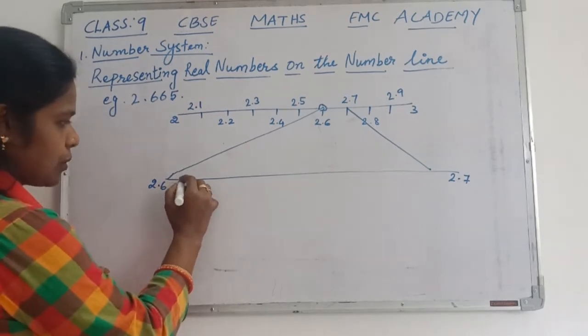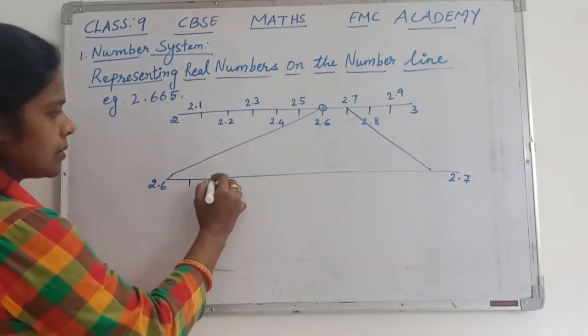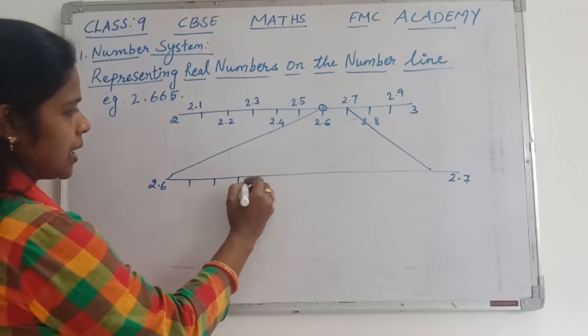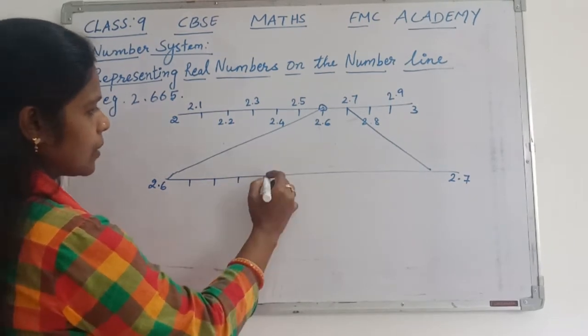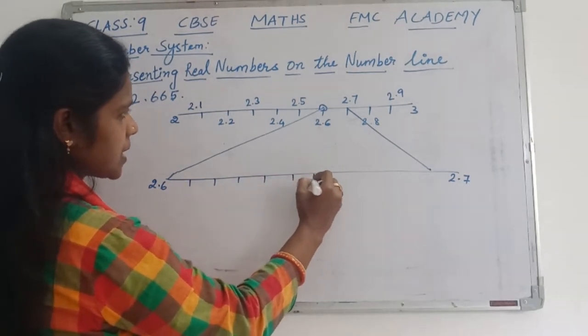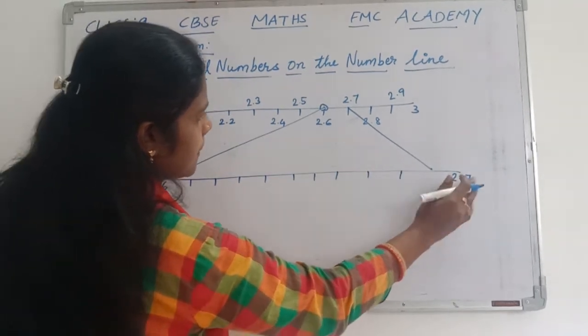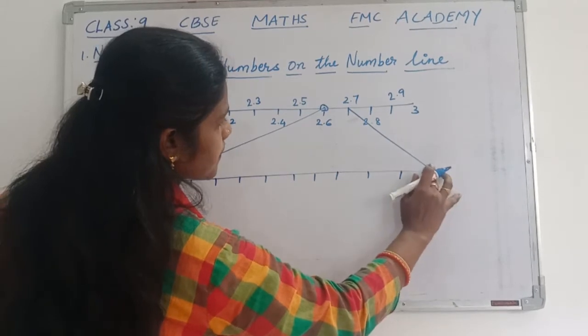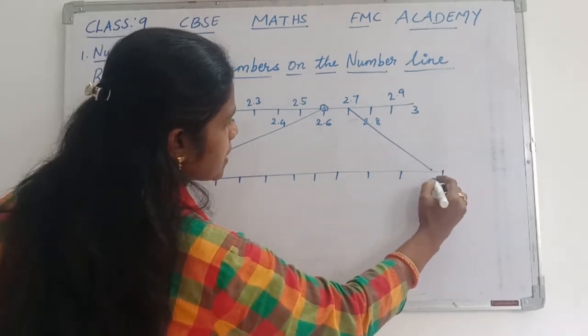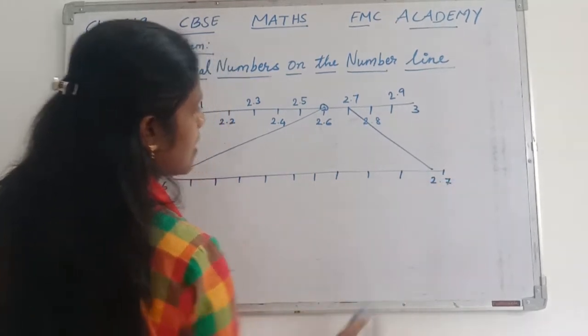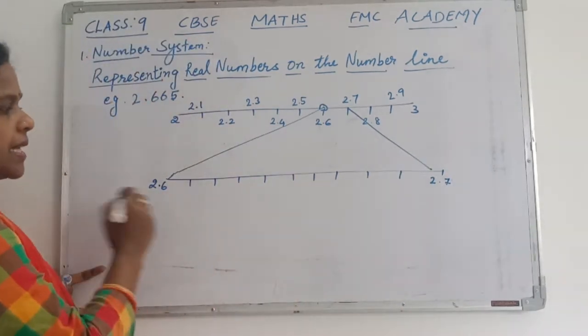So first one, 2.61, 2.62, 2.63, and so on: 1, 2, 3, 4, 5, 6, 7, 8, 9, and this will be the 10th one. Now just see, write the decimals.